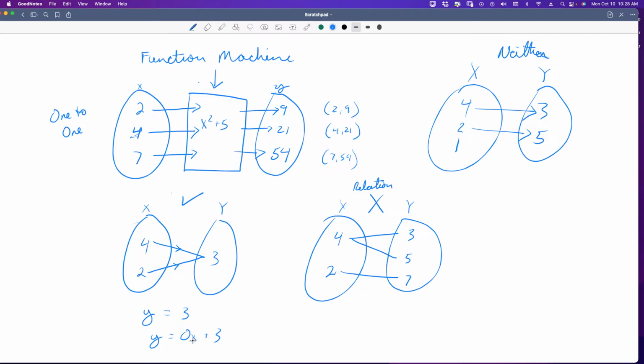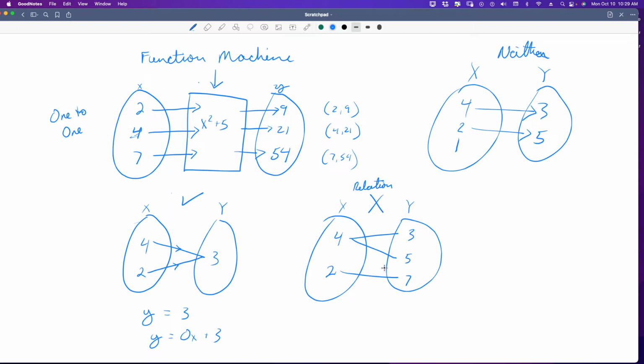We put 2 in for x. 0 times 2 is 0, plus 3 is still 3. So that is how we can have unique values for x, but still have the same y value, and then we end up with a horizontal line in that function. All right, so this is still a valid function, even though all of the y values are the same.